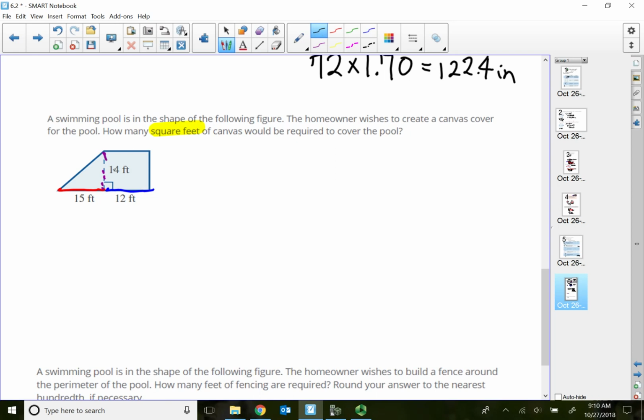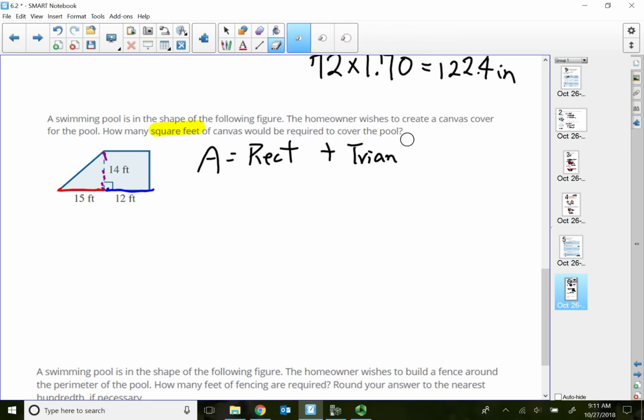So to find the area, I will need to find the area of a rectangle plus the area of a triangle. So this is going to be a rectangle plus a triangle. Or, I believe, let's see if I can do it this way. Look at this as a trapezoid.